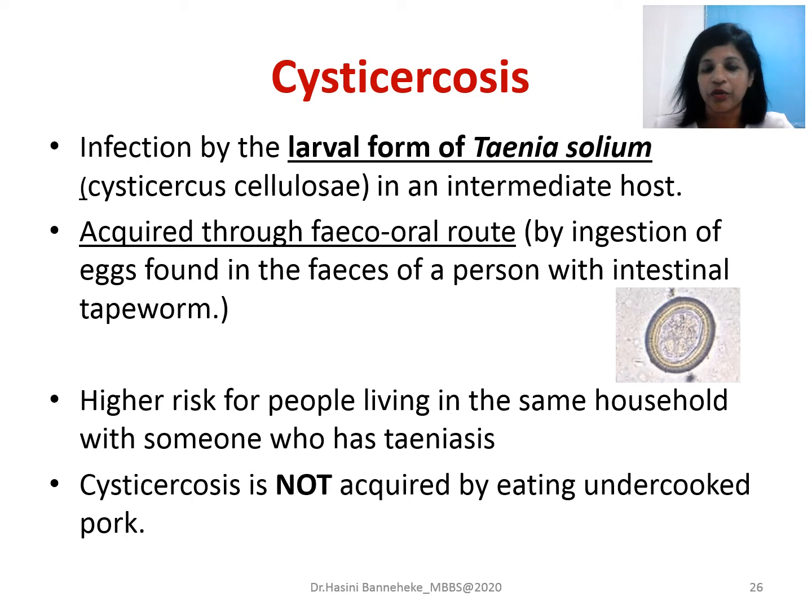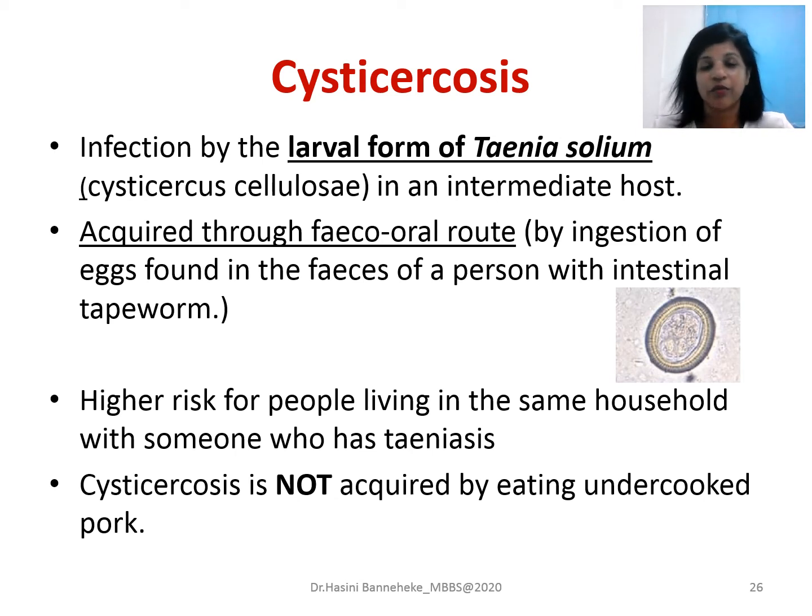Some people are at more risk, like those who have someone at home with taeniasis right now, because the taeniasis patient is excreting eggs in their feces, and so there can be contamination at home.